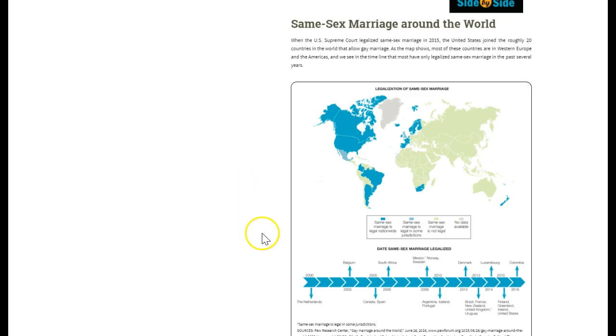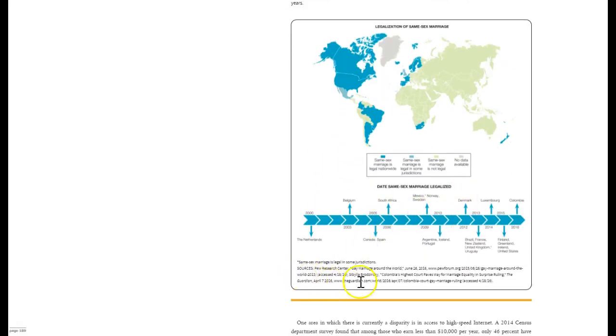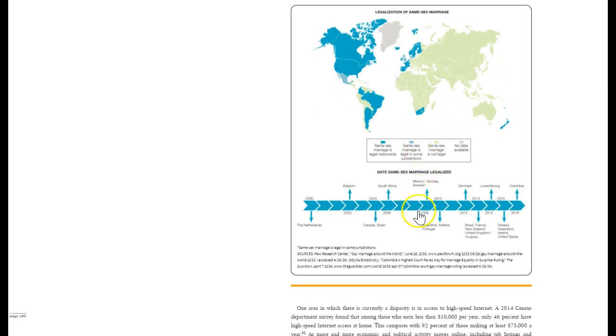And in this map, too, it seems to show a certain spread, maybe, of same-sex marriage being legalized. And I think maybe the idea is that students are supposed to try to see how well these other countries are not getting with the program, and so on and so forth.